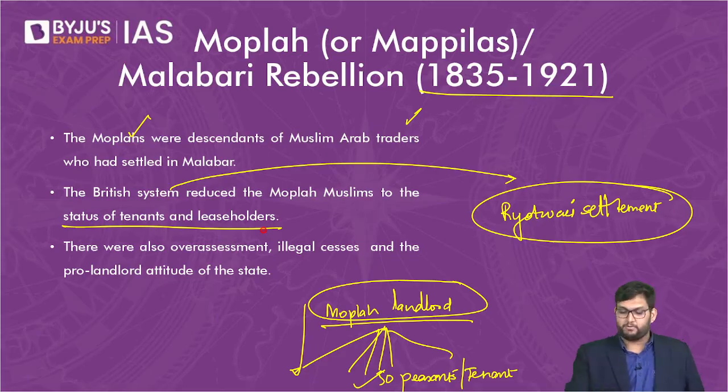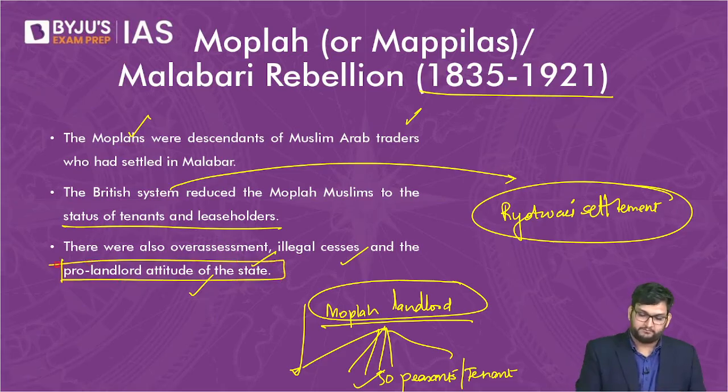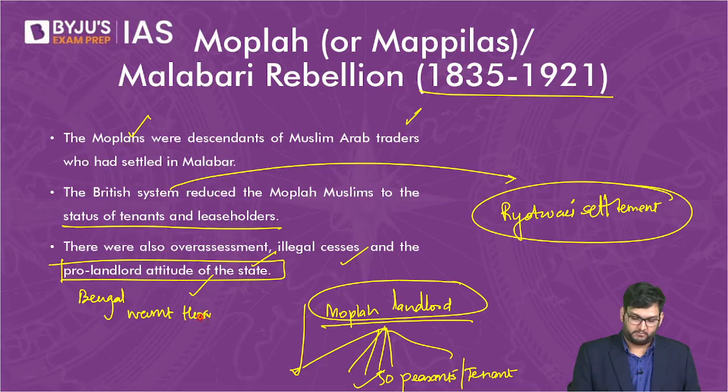And then there was overassessment and illegal cesses. And the point is that the pro-landlord attitude of the state, which was there in Bengal, wasn't there in Kerala or the southern sector.